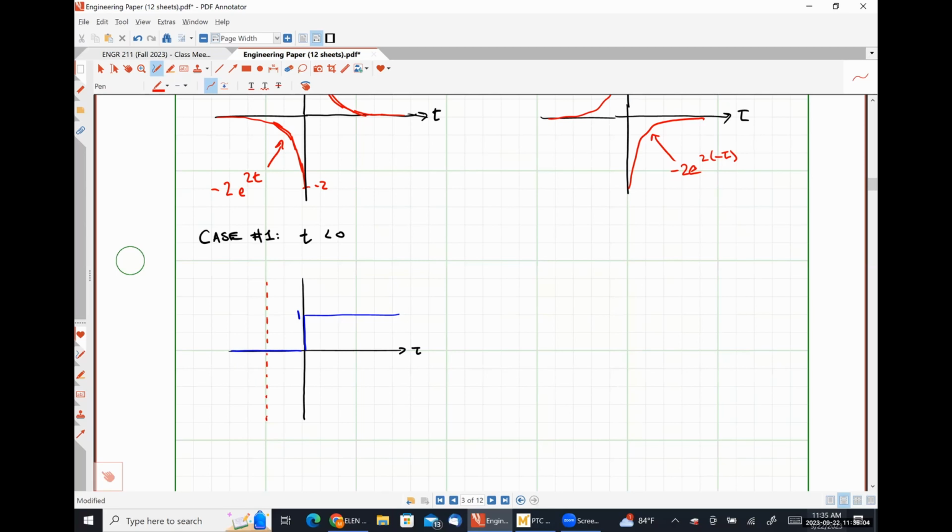Okay. So this part right here represents negative 2 e to the 2 t minus tau.